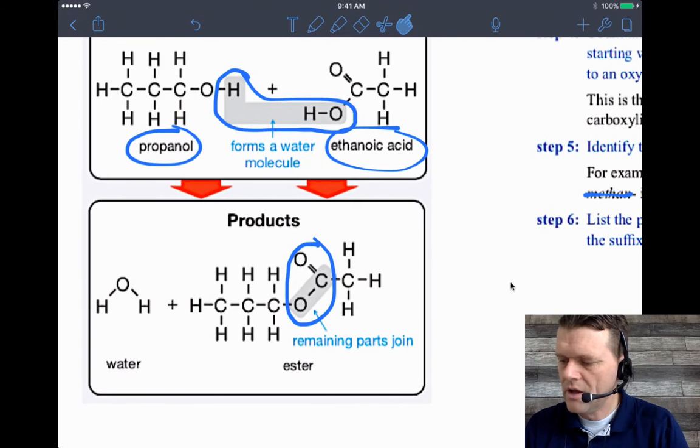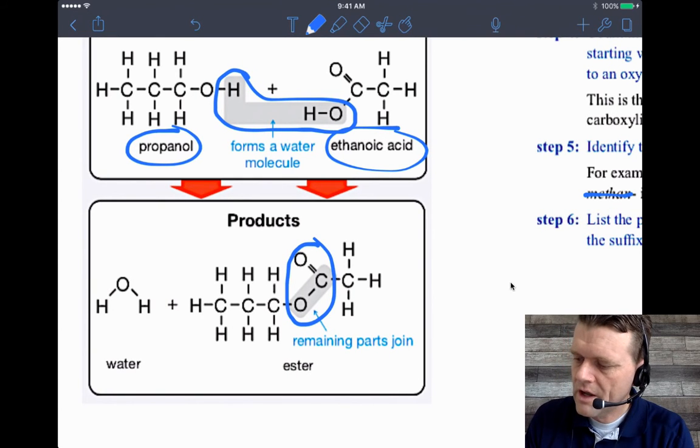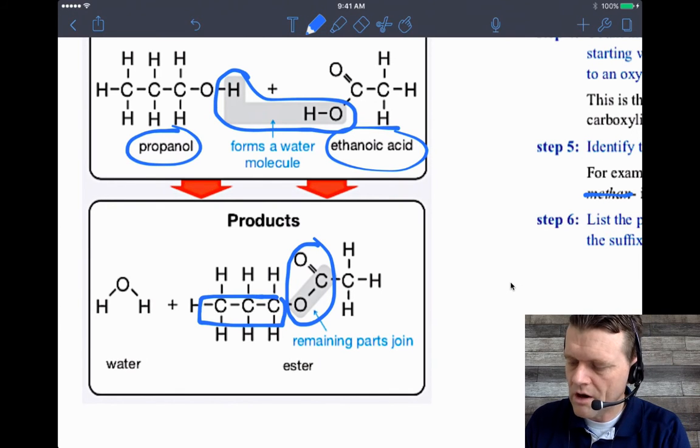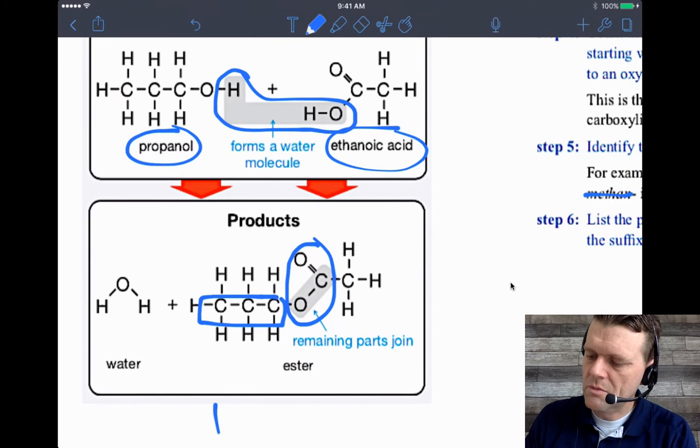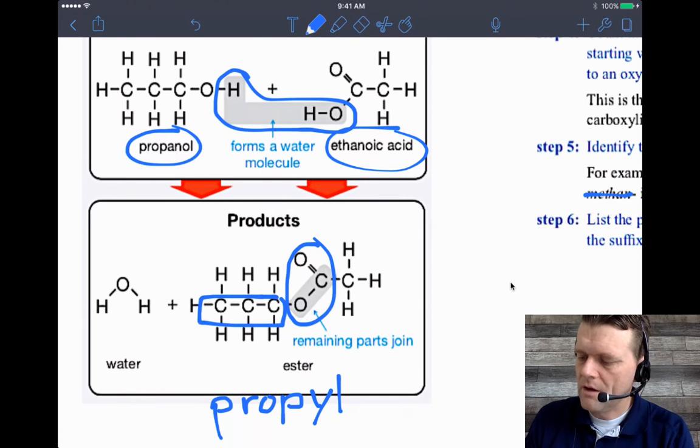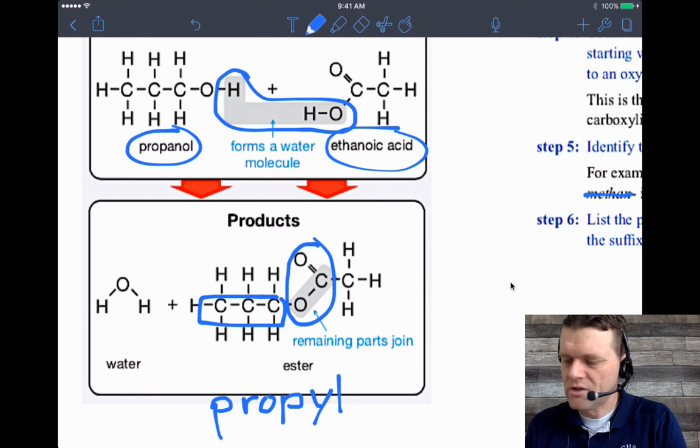So what that means is the chain that we're going to name first is this chain. This chain is bonded with a single bond to an oxygen, which is then bonded to the carbon. So we name the chain. It's really the alcohol that we're naming first. So this would be propyl. It's not propane because it's a branch, so we say propyl.